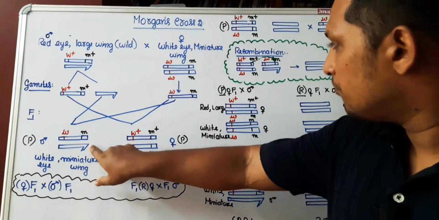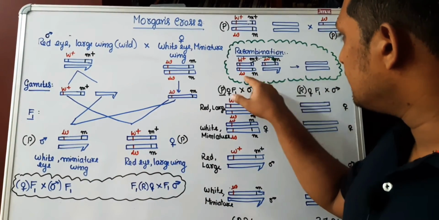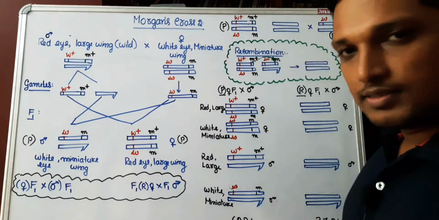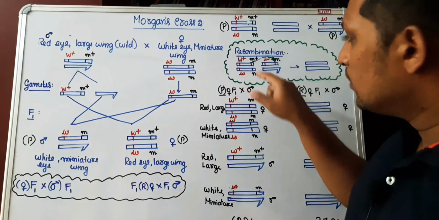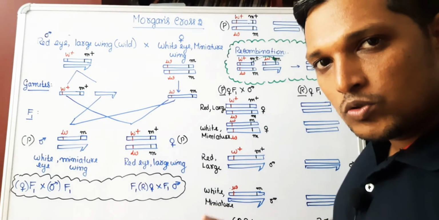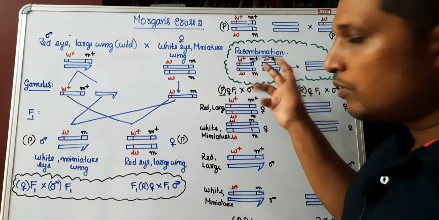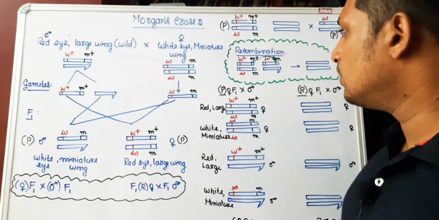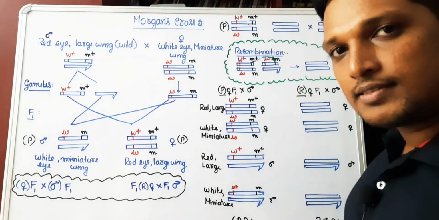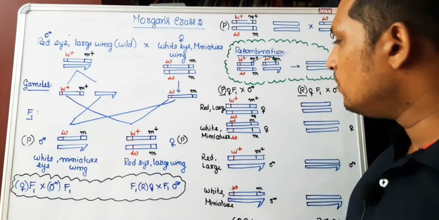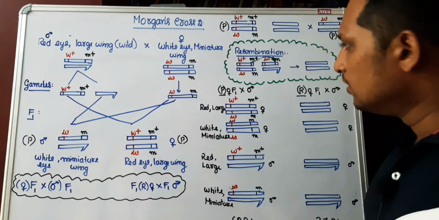So the same male and female I have taken. Look at its genes. Now crossing over occurs between two homologous chromosomes. Between X and Y there can't be crossing over because Y doesn't have any genes at all. Between the two X chromosomes there is crossing over, exchange of genes occurs. So what happens?